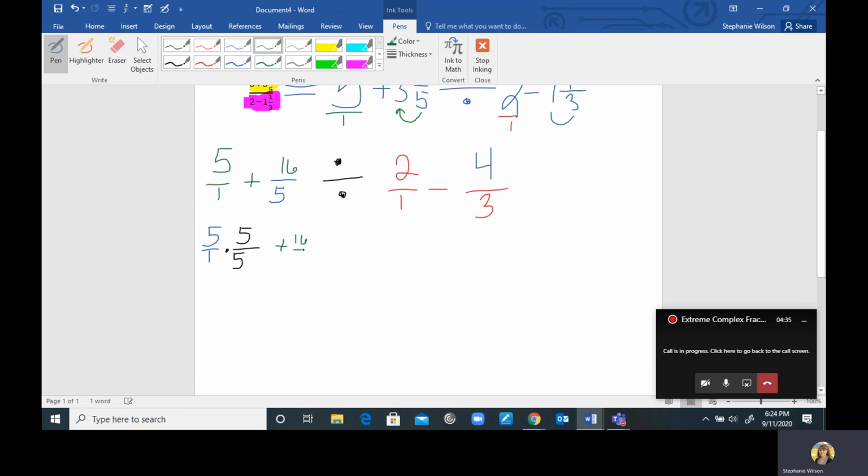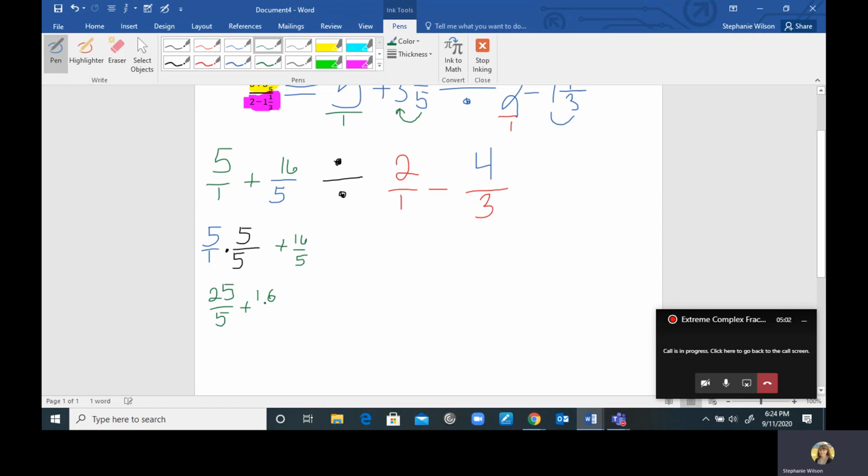There we go. And so now I can go ahead and combine these, and I can go ahead and rewrite this. And if you notice, I like to finish this side up before I work on this other one. So I have 5 times 5 is 25 over 1 times 5. And what we wanted in the denominator was 5, so we did it right.